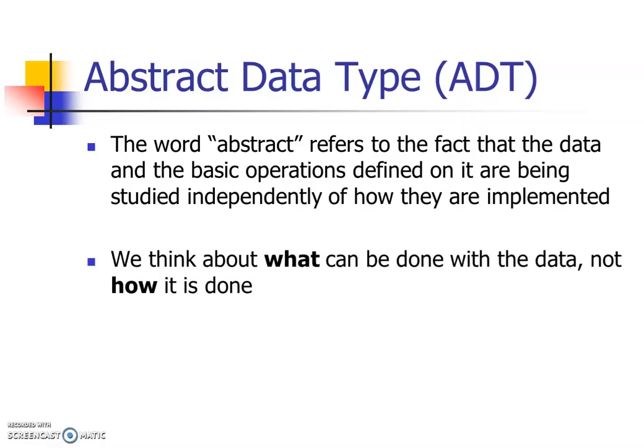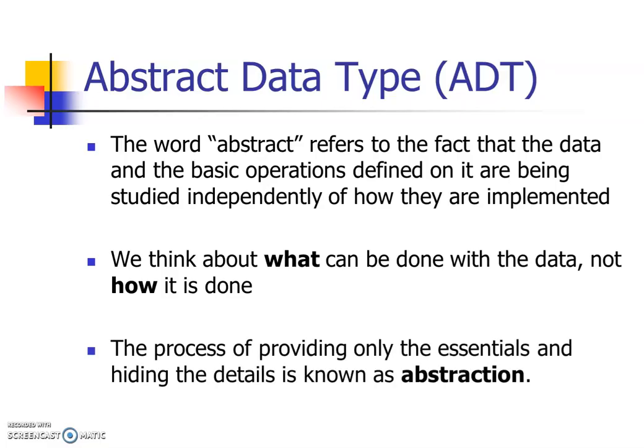So in the abstract data type concept, we think about what can be done with the data, and we don't worry about how we deal with it until we go into the implementation process. So we separate the design phase from the implementation phase. The process of providing only the essentials and hiding the details is what we call abstraction.